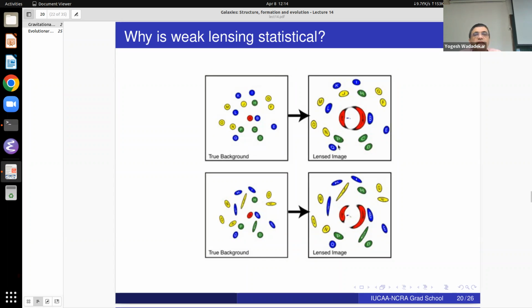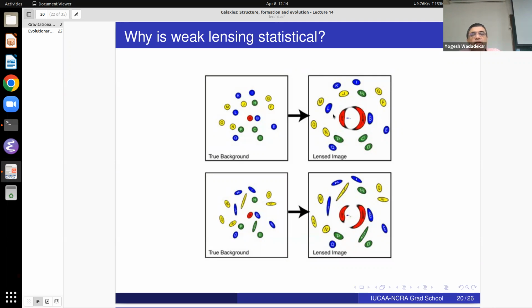What that lens will do is distort the shapes of all galaxies. Now, if you knew for a fact that all these galaxies are spherical, then your job of building the lens model becomes very easy, right? Because all you have to do is work out the specifics of this lens, which will take this and transform it into this observed distorted image.